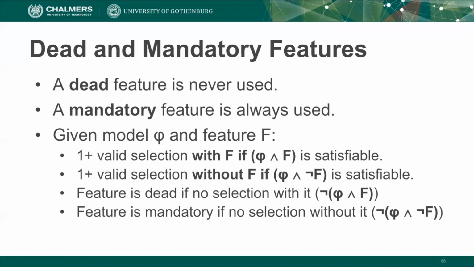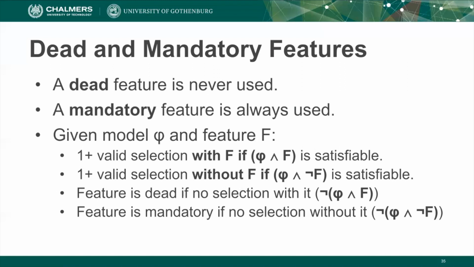It's likely we made some kind of mistake in our constraints that results in that feature never being selected. Also, an editor may issue a warning of a false optional feature if our analysis reports the feature that we modeled as optional is actually mandatory in all feature selections, if it's always there. Dead and false optional features could be considered code smells of feature models that indicate possible mistakes we've made.